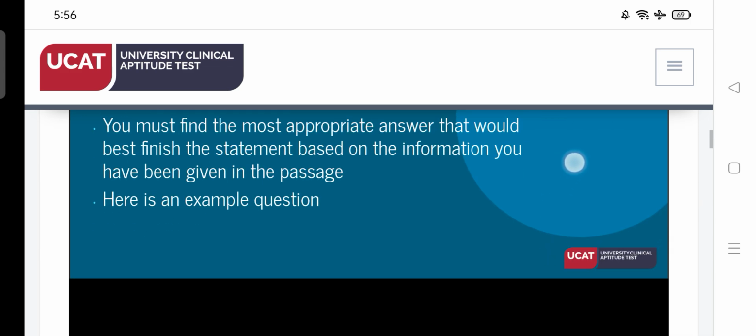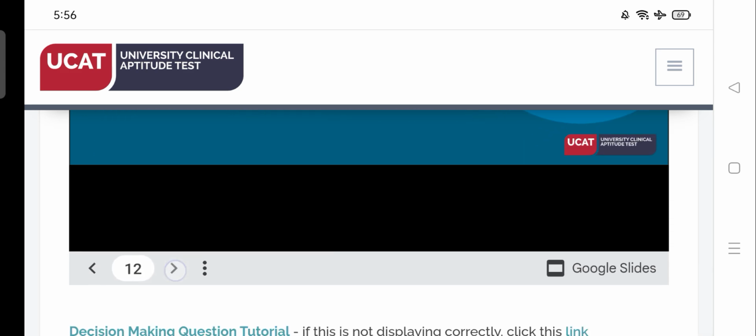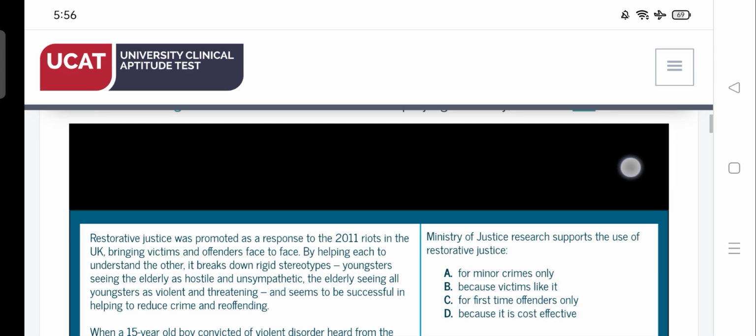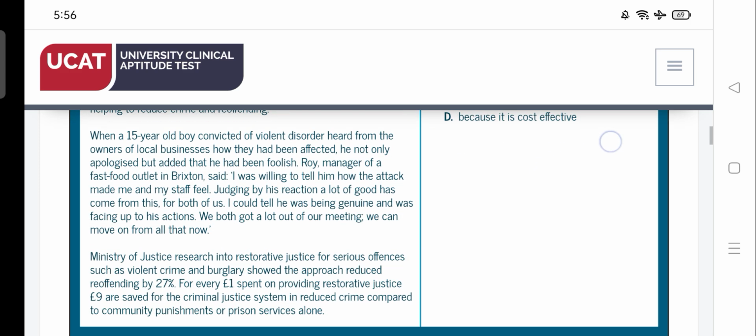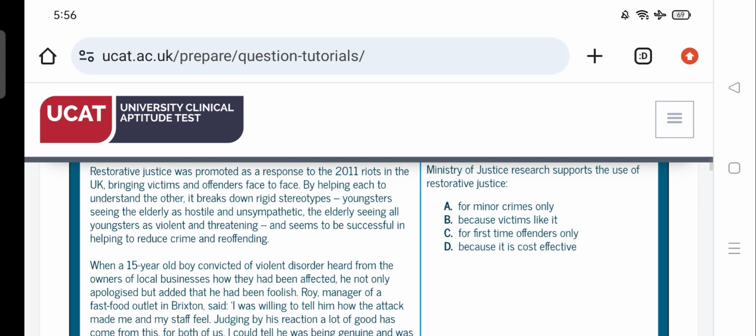And here is an example question given, so you will know which type of question it is. So here we have a passage, but where we have an incomplete statement, which is Ministry of Justice research supports the use of restorative justice.